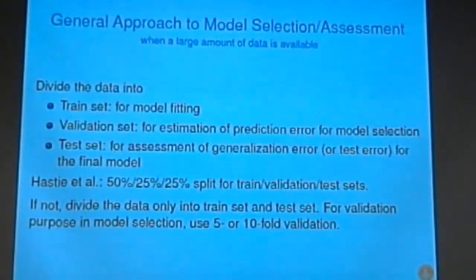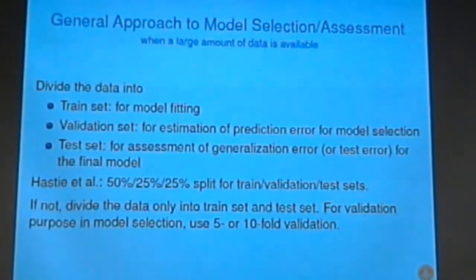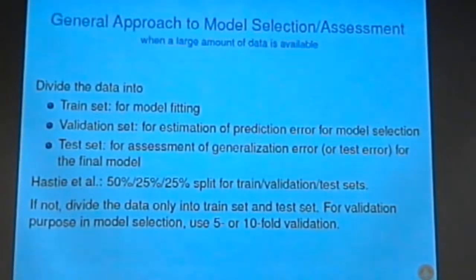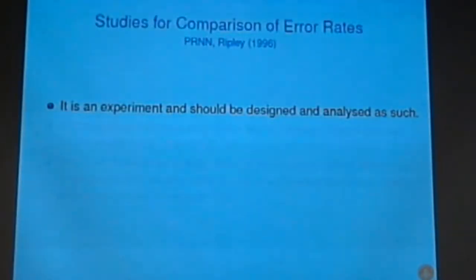Use the train set for two purposes: model building and validation. And the test set is only used to verify the generalization error. And for validation purposes in model selection, use 5-fold or 10-fold validation. So for this, we take this opportunity to talk about validation later.